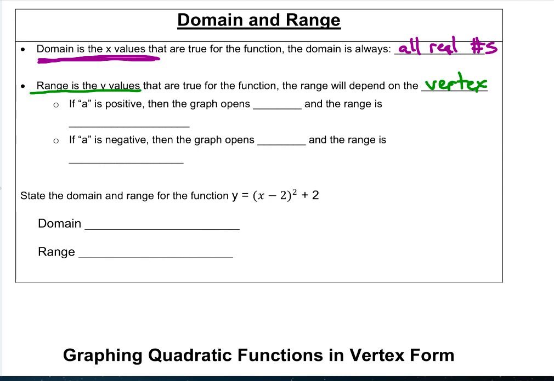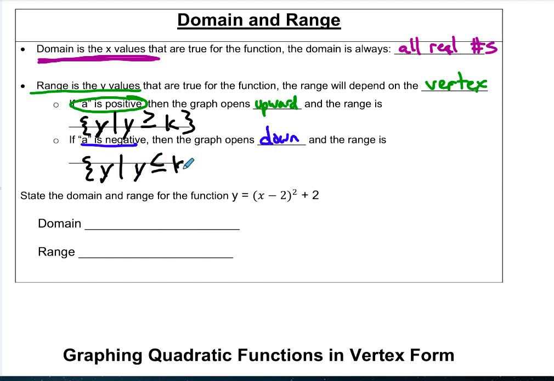If A is positive, the graph opens upward, and the range is going to be y such that y is greater than or equal to that k value, kind of that lowest point. Okay? If A is negative, the graph opens down, and the range is going to be the opposite, y such that y is less than or equal to k. K is that highest point, so it's going to be everything below that point since it's headed downwards.